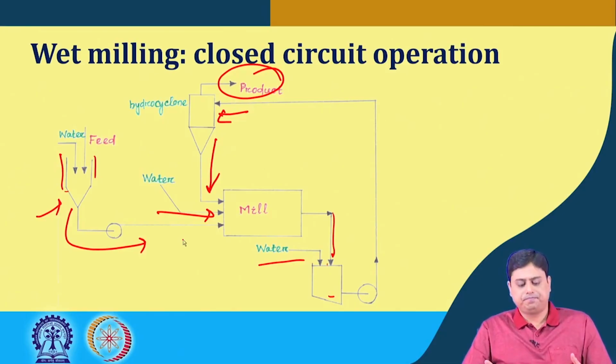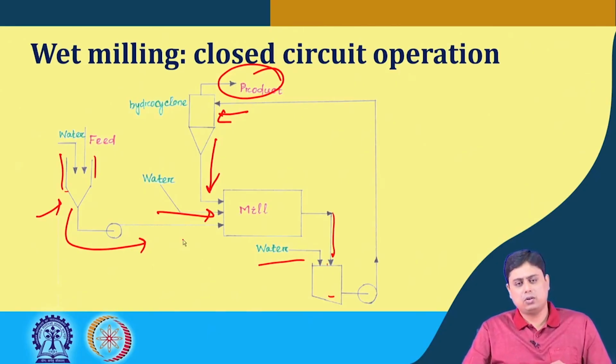In open loop cases, you have control only on the residence time, that is the feed rate which controls the residence time, and this in turn results in the size variation of the product. But in closed circuit operation, the oversized products always go back to the loop and mix with the fresh feed.